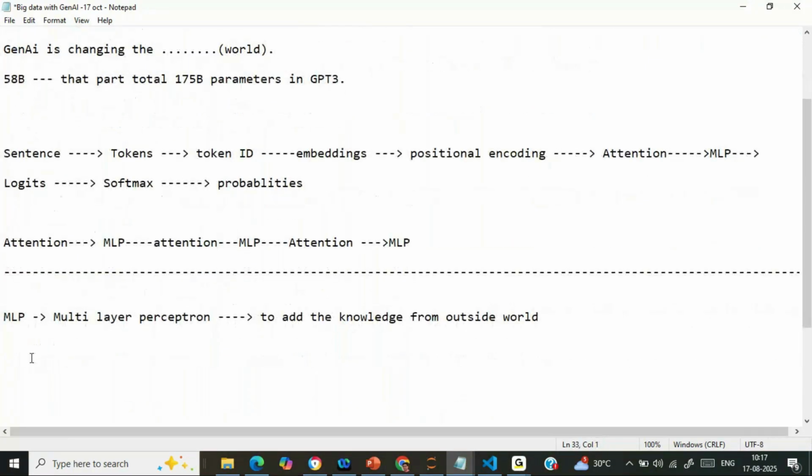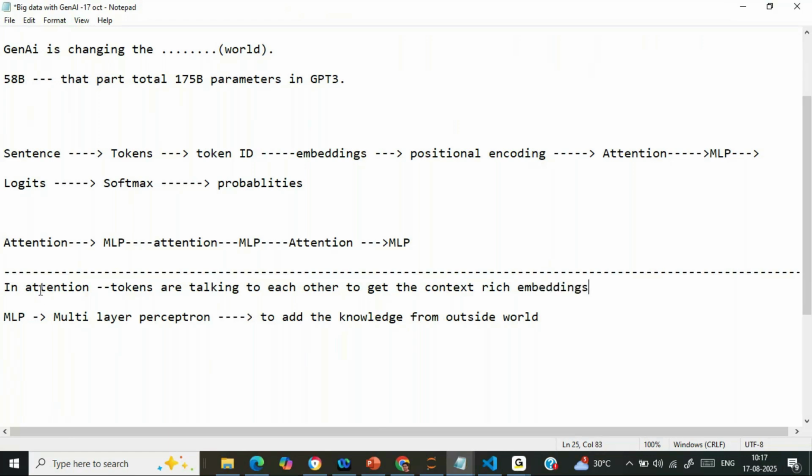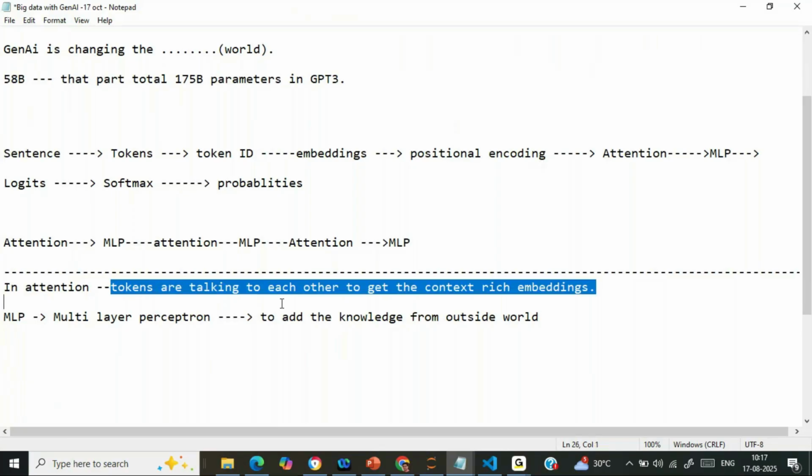And one more thing: inside the attention mechanism, tokens are talking to each other in order to get the context rich meaning, to get the context rich embeddings. But in MLP, friends, the tokens are not talking to each other.